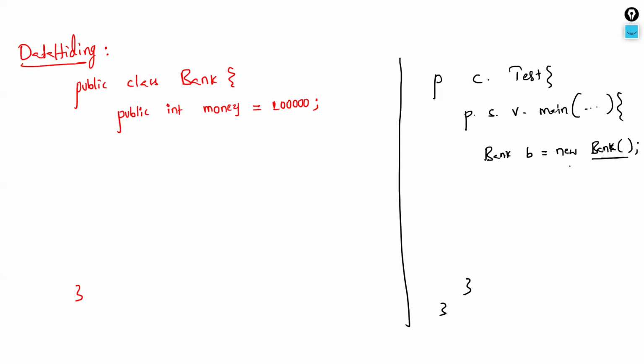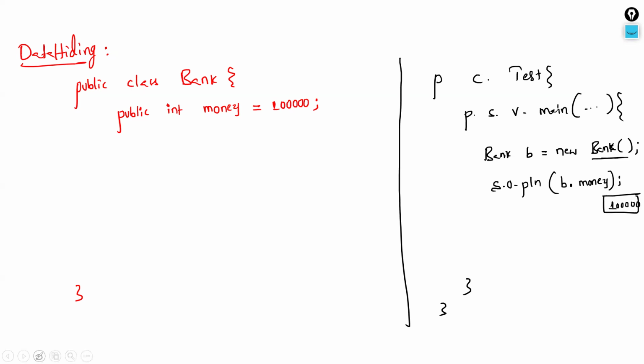Okay. So B is an object reference for this, then can we print this? System.out.println, B dot, what's the variable name? Money. Is it possible to access? Yes. Therefore, what's the output of this line? 1 lakh. Correct or not?